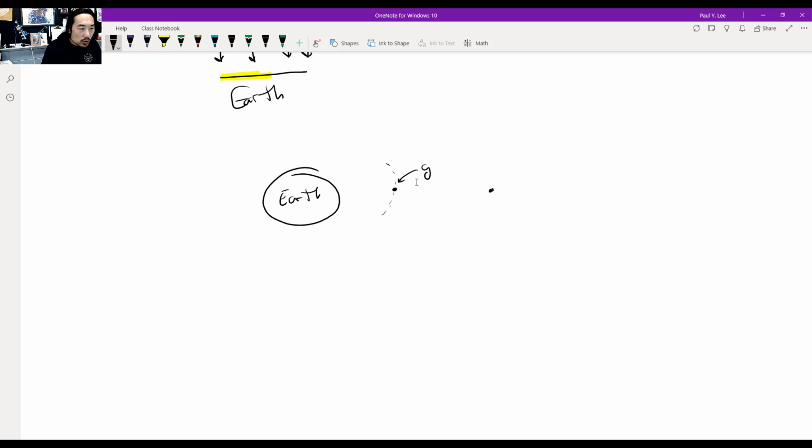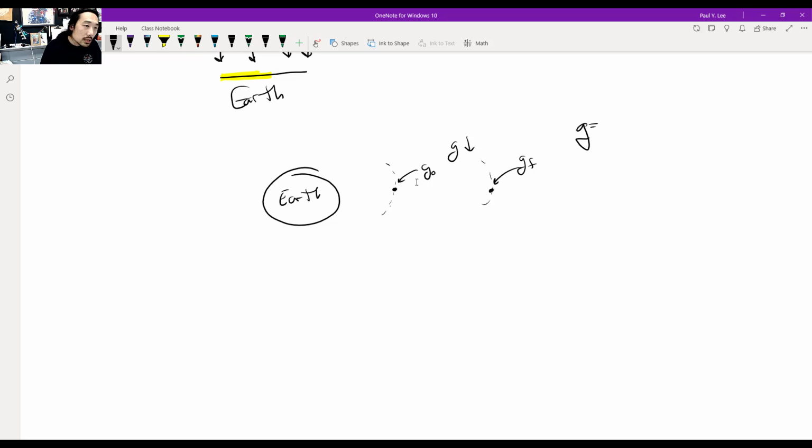If we call this g initial and this g final, the further out you go, your g decreases. Your gravitational field decreases. The Earth's influence all the way out there gets smaller and smaller. So your gravitational field value would change, so it's not constant.